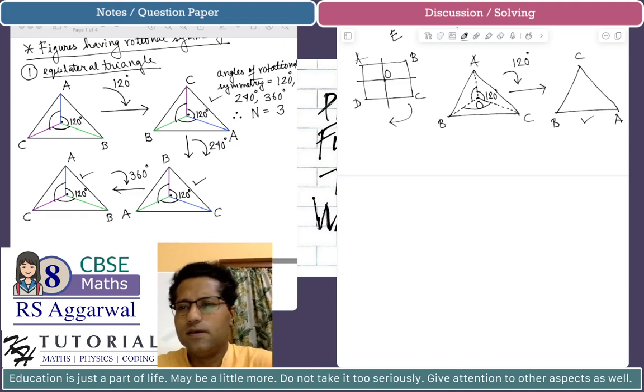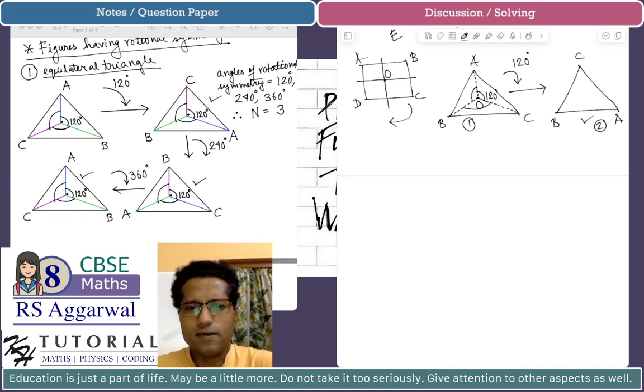Now again, let's say this is the starting position of the triangle, and this is the position of the triangle after giving a rotation of 120 degrees.